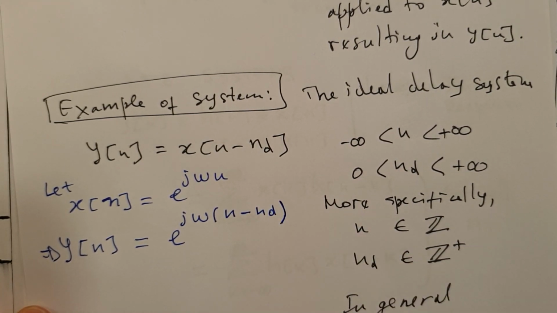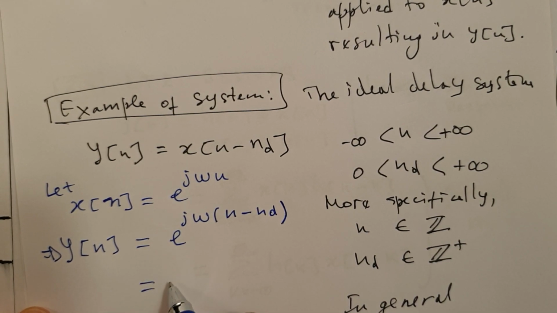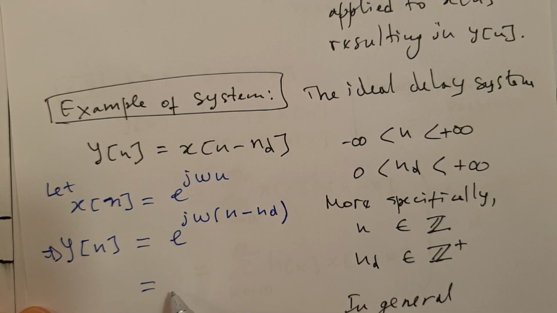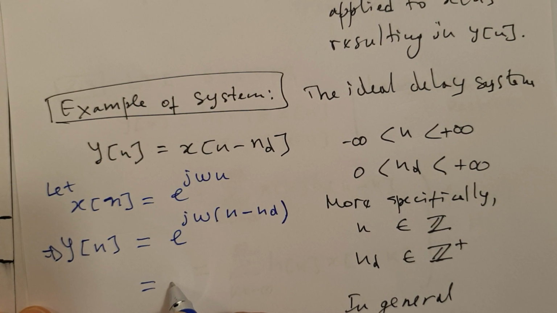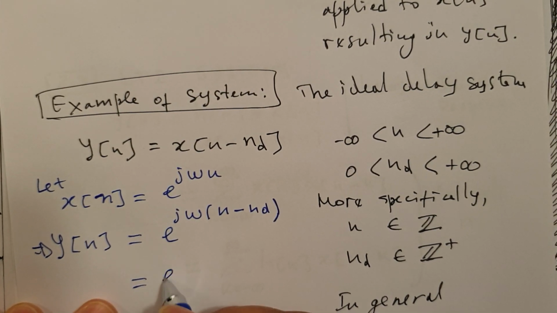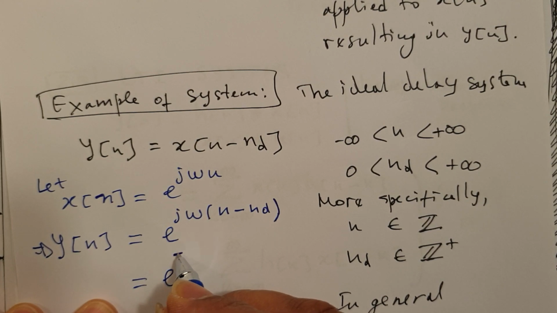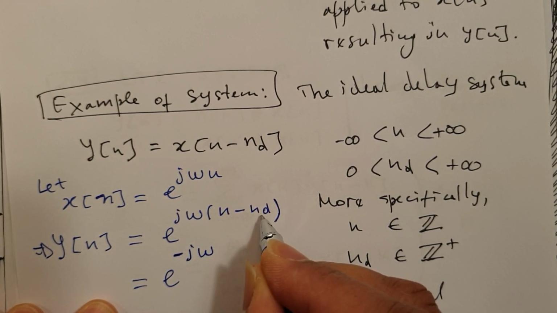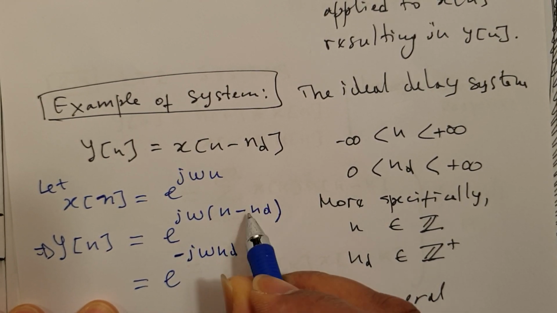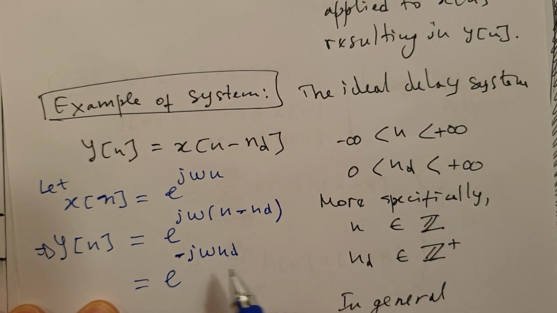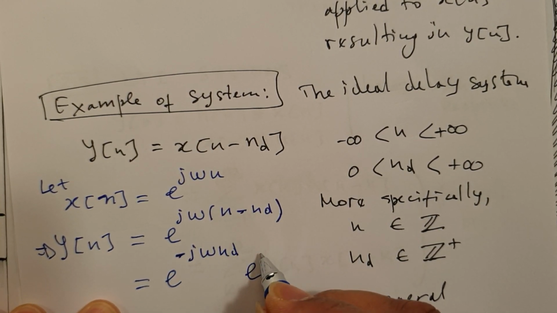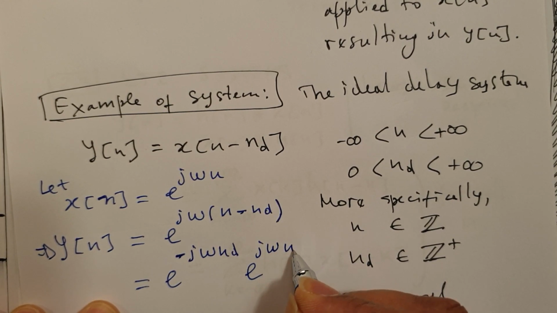I can rewrite this a little bit and split it into a product. I could say that the output will be equal to e to the minus j omega nd, because I put this negative sign here, times e to the j omega n.